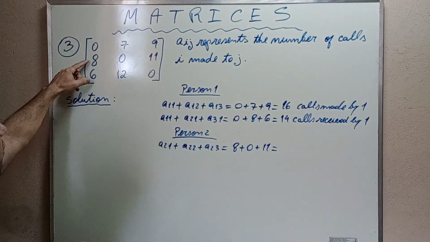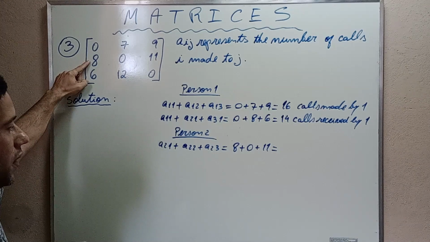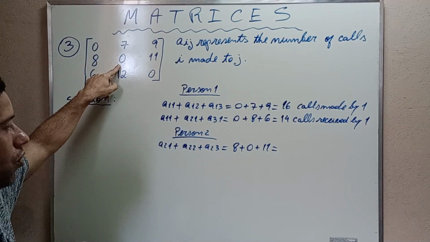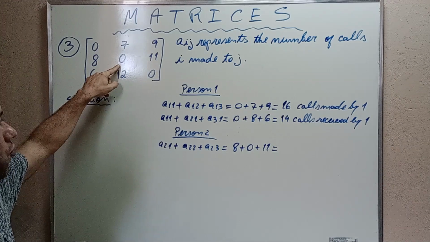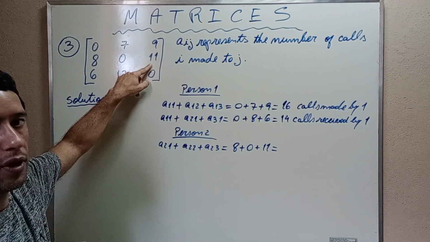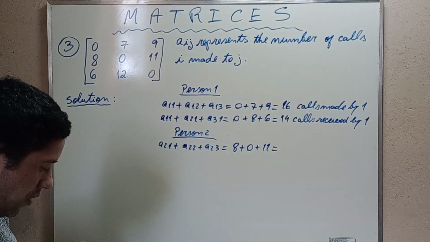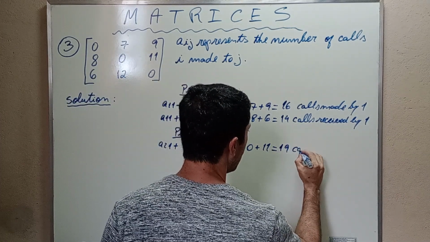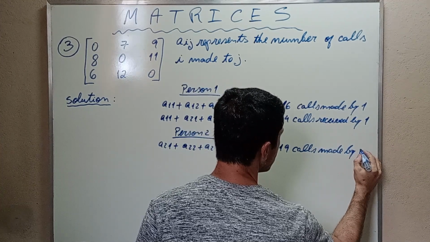This 8 represents the number of phone calls made by person 2 to person 1. This 0 represents the number of phone calls made by person 2 to person 2. As you cannot call yourself, it is 0. And 11 times person 2 called person 3. And this is equal to 19 calls made by 2.